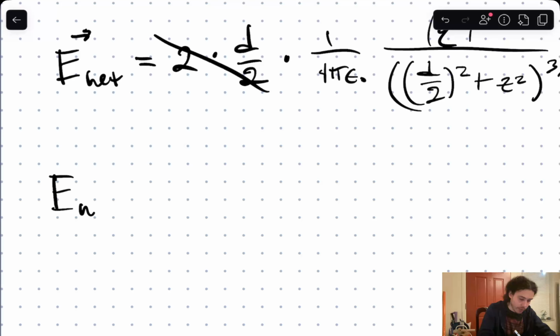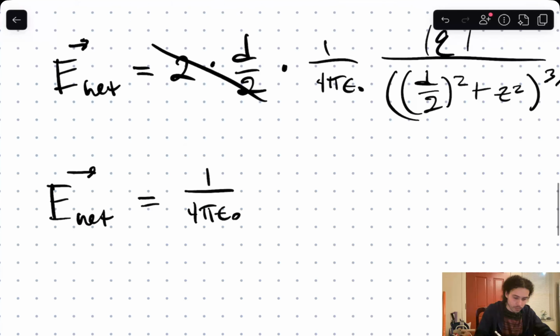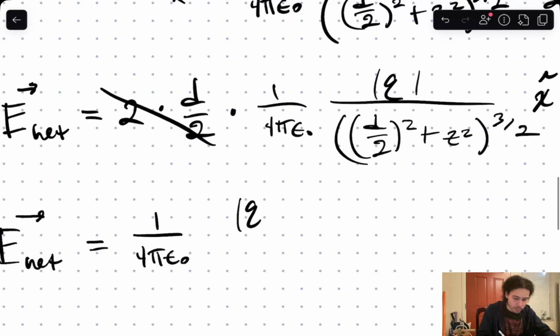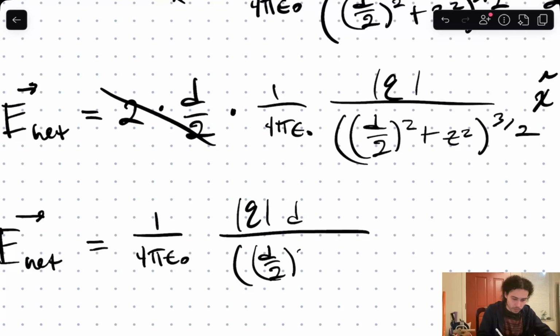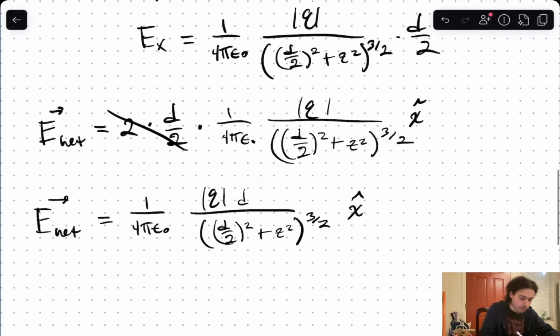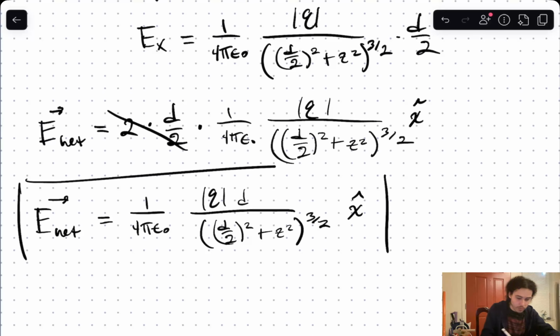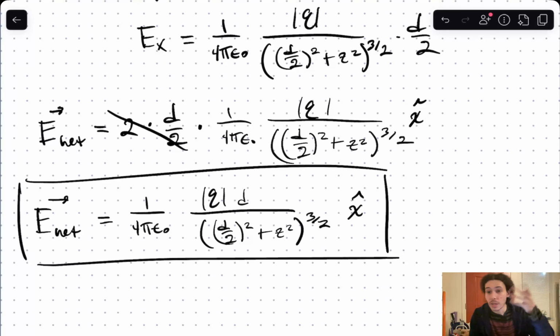Now we're left with E net is equal to, and that's it. That's sort of the analytical solution.